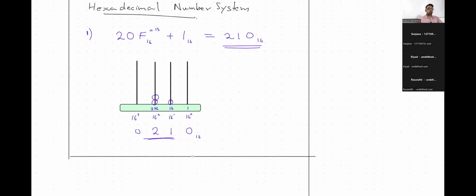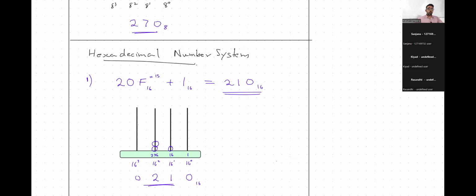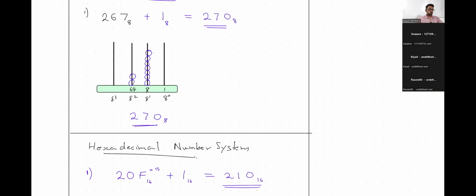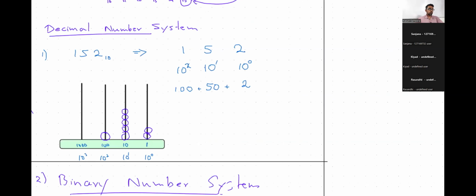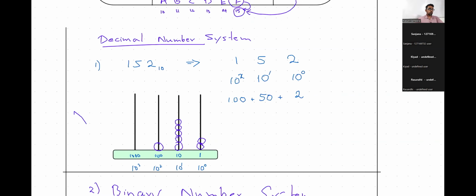Okay. The next point we're going to do is learn number system conversions. Right, before that, we need to identify how these numbers' weighting factors work. Here we learned 152 represents like 10 to the power 0, 10 to the power 1, 10 to the power 2.